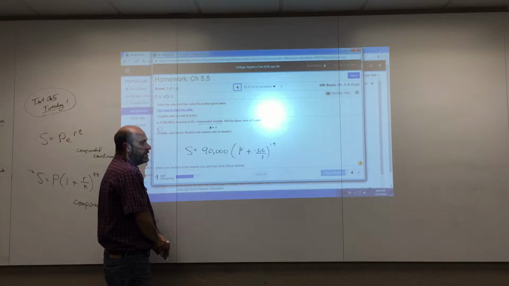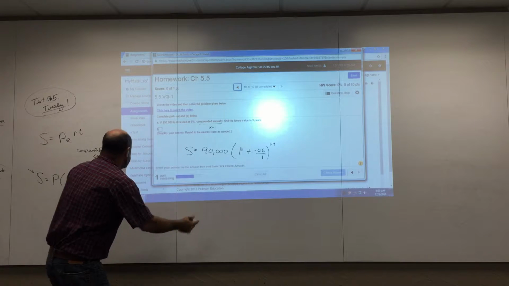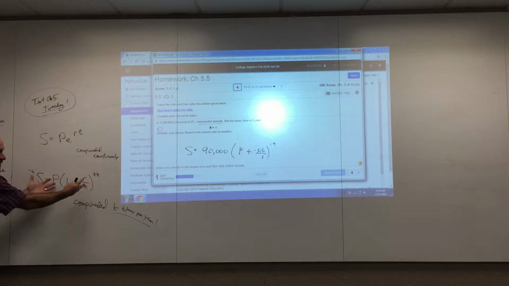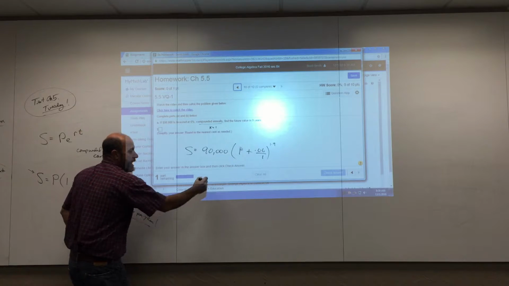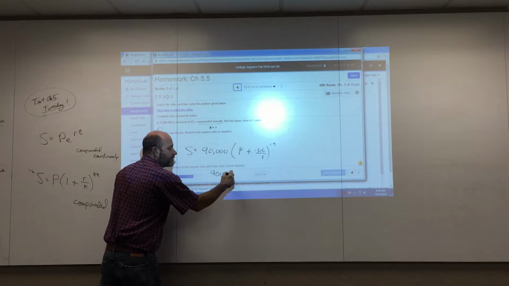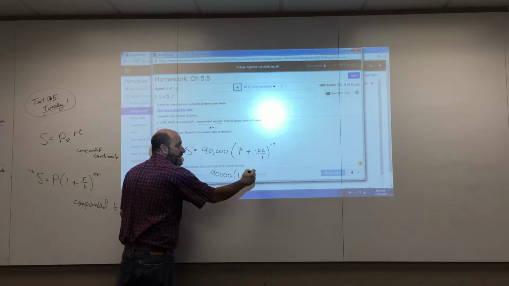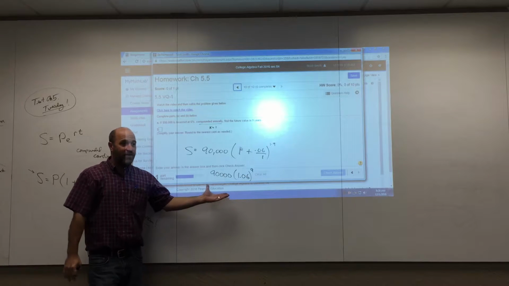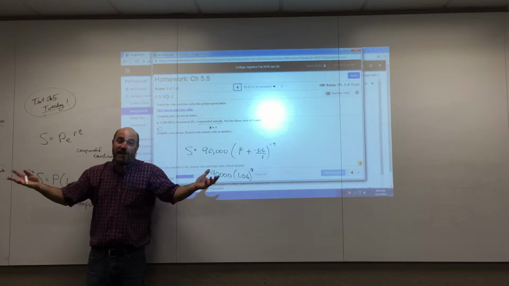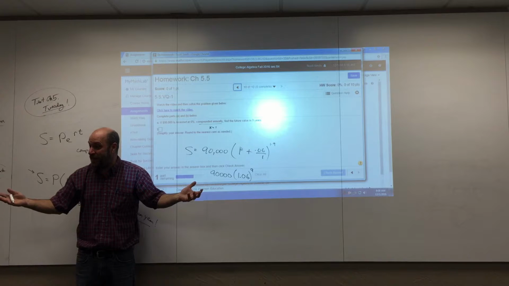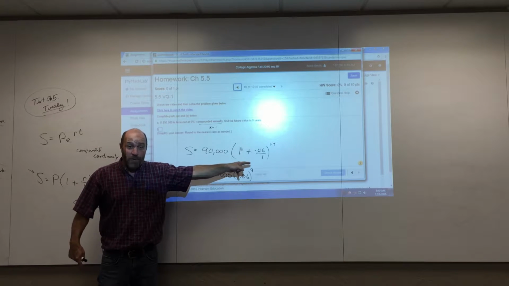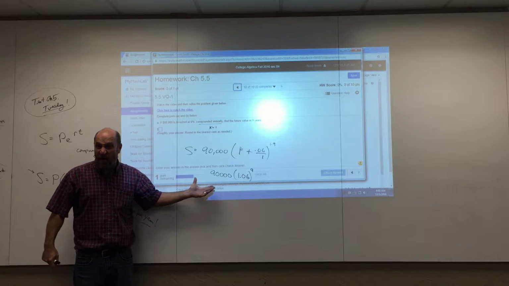This is kind of a complicated formula, but it's not too bad. It boils down to 90,000 times 1.06 raised to the 9th. When it's all said and done, it looks like all our exponential functions: a base raised to a power multiplied by a number out front.